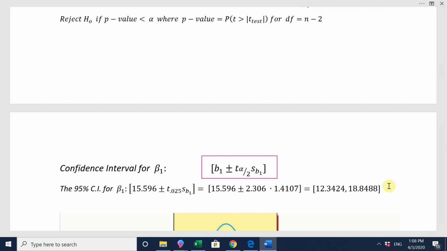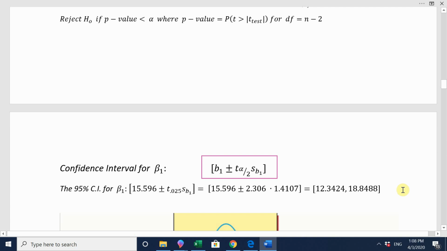What it means is that each time the population size increases by 1 unit, which let's not forget is 1,000 residents, then the mean yearly revenue will increase by at least $12,324 and some odd, and by at most $18,848 and some odd.